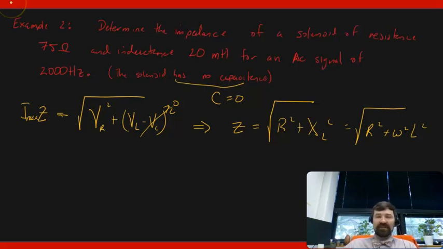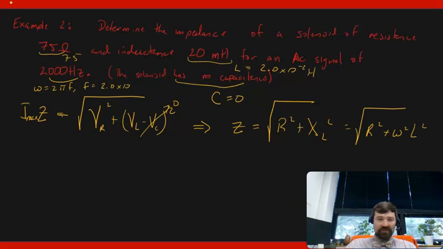Okay, so now that I've done that, I can come up here and see this right here is my L value. This is 2 times 10 to the negative 2 henries. This is 75 ohms. 2000 hertz, omega is equal to 2 times pi times f, and f in this case is 2000 hertz, or 2 times 10 to the 3 hertz.